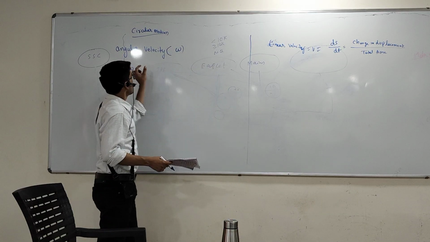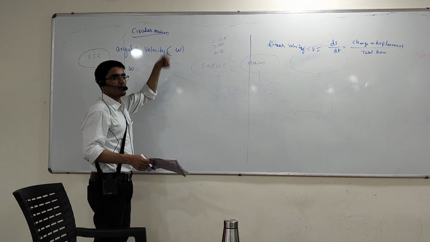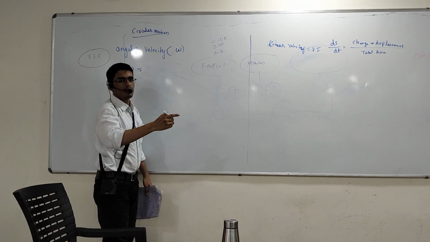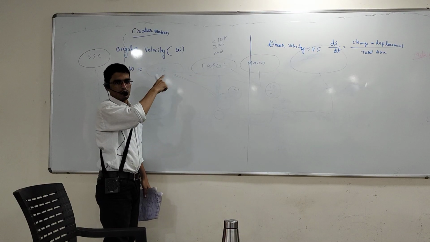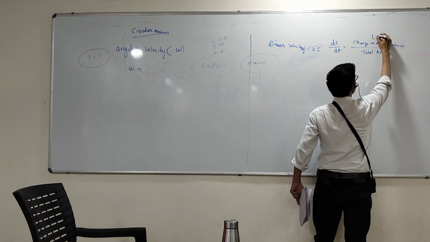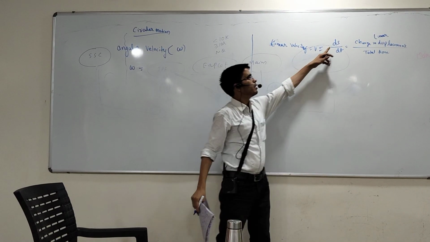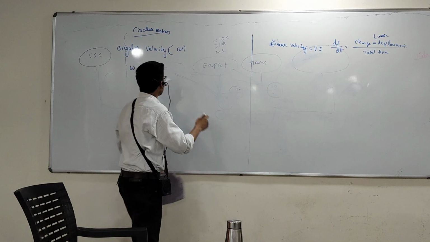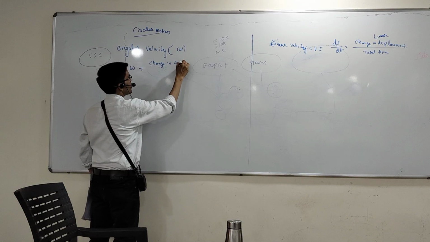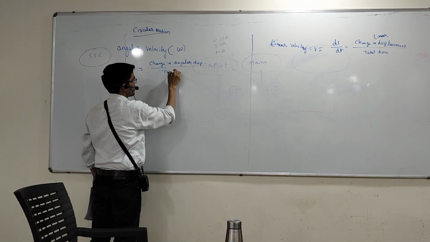Here omega is also velocity, but it is angular velocity. So in the case of omega, we write change in angular displacement upon total time, whereas ds is change in linear displacement.